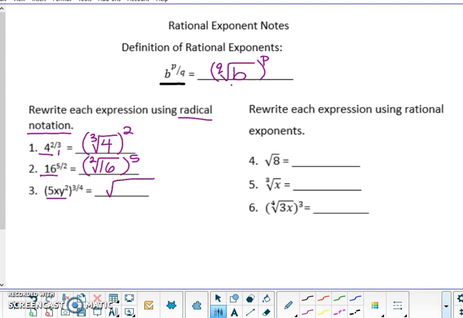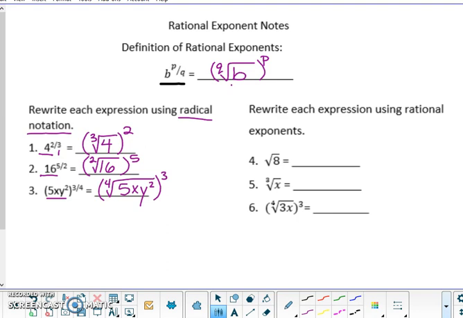So all of that is the radicand, 5xy squared. We're going to have the fourth root, and we are going to raise it to the third power. Now, the parentheses I have here are not technically necessary. However, it's a good habit to put them on there because you'll need them when we go backwards. Anytime we learn to do something in math, we also learn how to undo it.